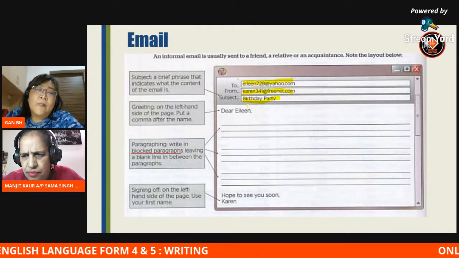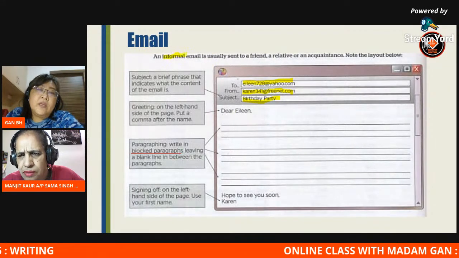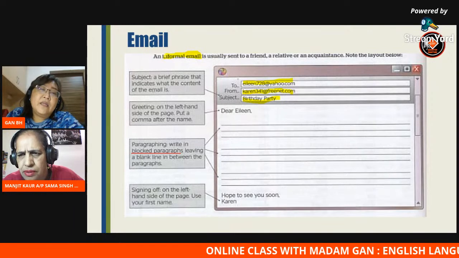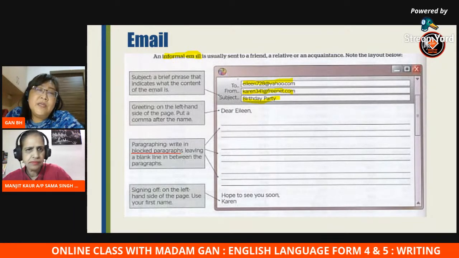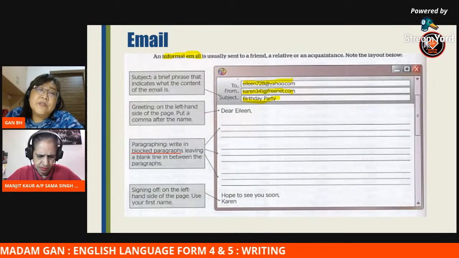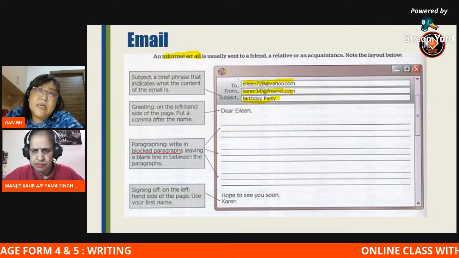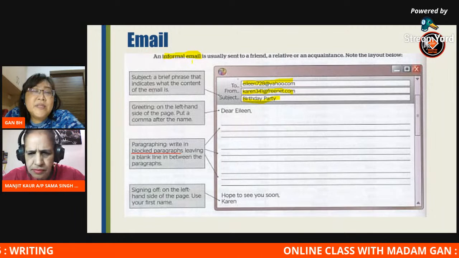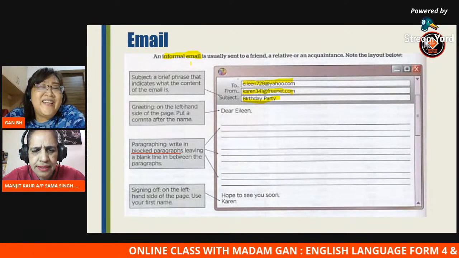Okay, so remember, an informal email. If you ask, teacher, can there be a formal email? Yes. A formal email means it may be from your teacher, or you're writing to a newspaper asking about an advertisement, or you're writing to a company. Maybe you want to buy something, right? Because nowadays, Cikgu Manjit, you don't write letters anymore, like in those days.